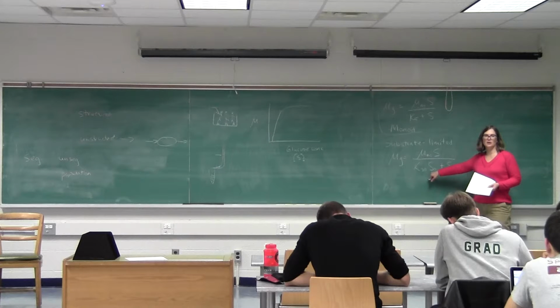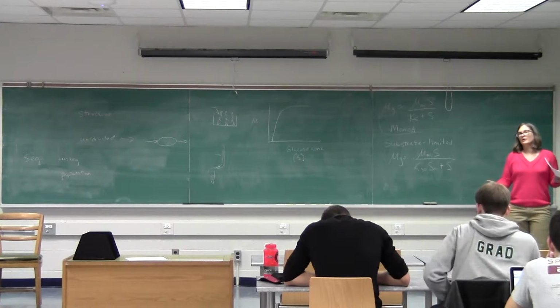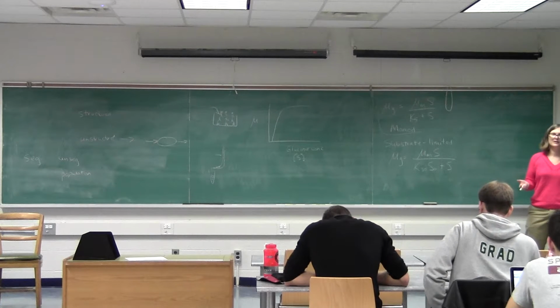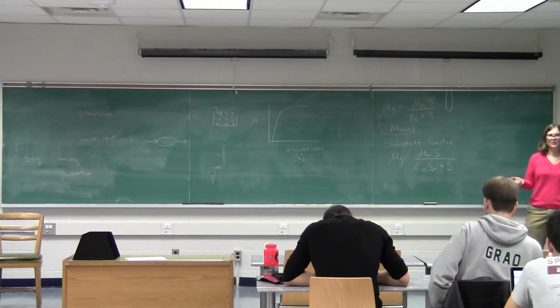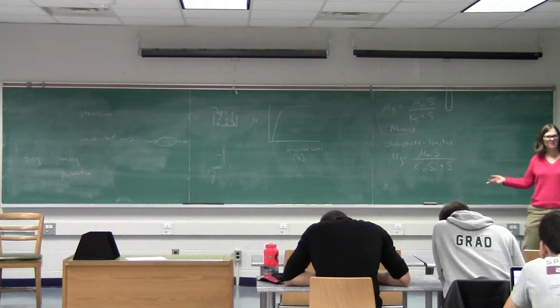Basically your growth slows if you start your cells off with a lot of substrate. Whereas you have more classic Monod kinetics if you have a relatively low initial substrate concentration. Sort of conceptually makes sense to everybody? Awesome.